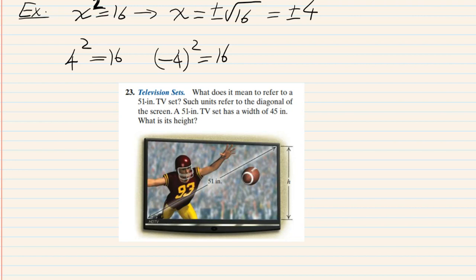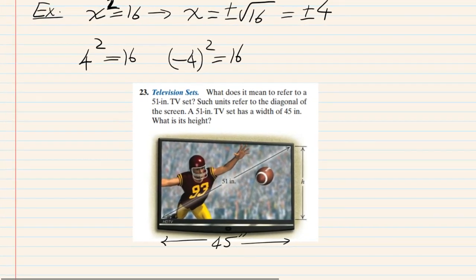That's what the 51-inch TV means. Here we're given a TV with a width of 45 inches, so this distance is 45 inches. And of course it has some unknown height, h, over here. We want to know what the height of that TV is if it's a 51-inch TV.